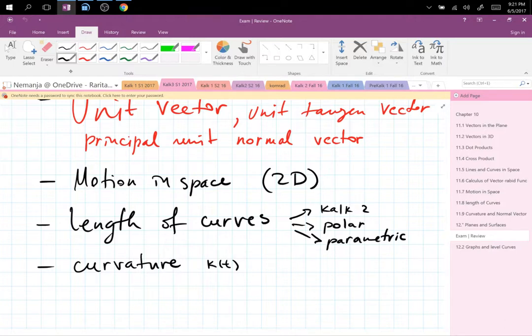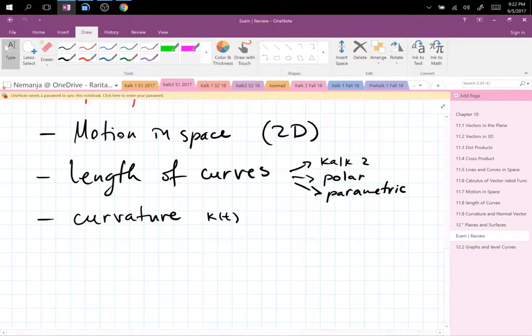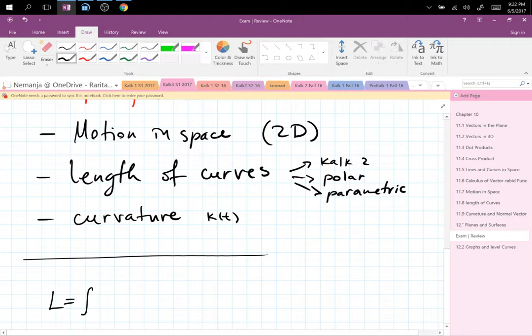How did you derive the length for the polar curve? You use the formulas. Would be f plus f prime. Yes. So you have the parametric one, that L is equal to the integral from a to b of the square root of dx dt everything squared plus dy dt everything squared, dt.